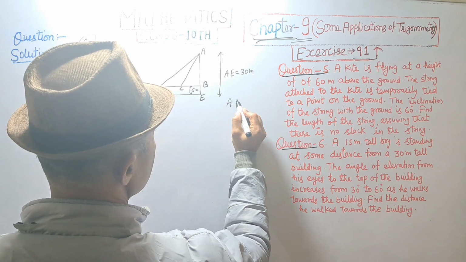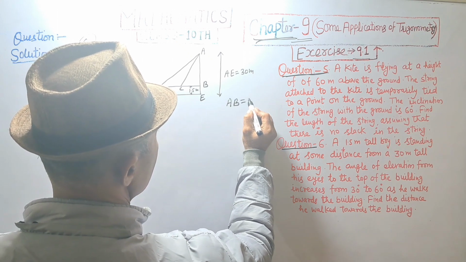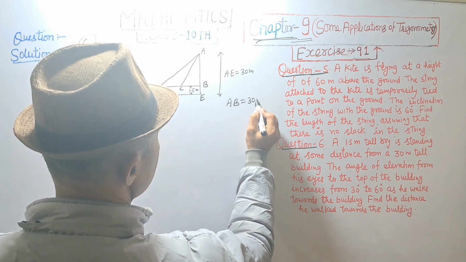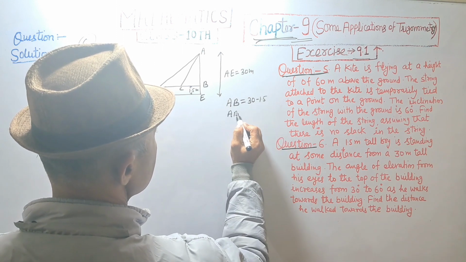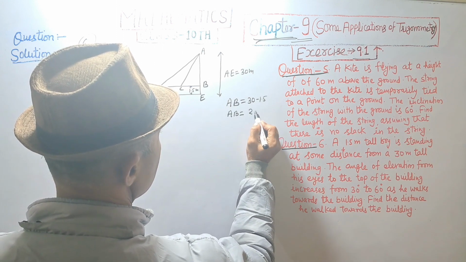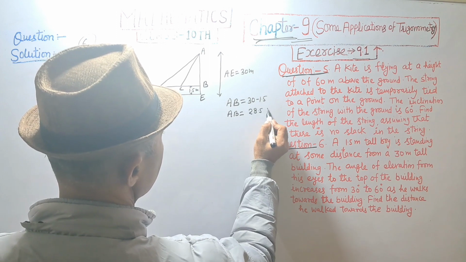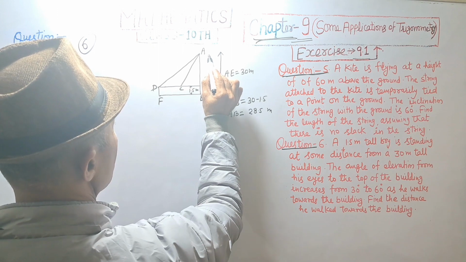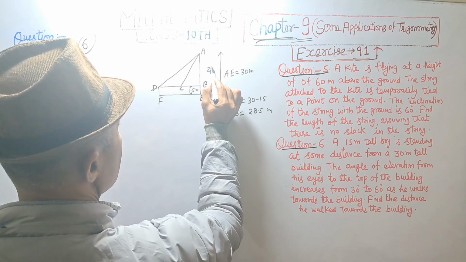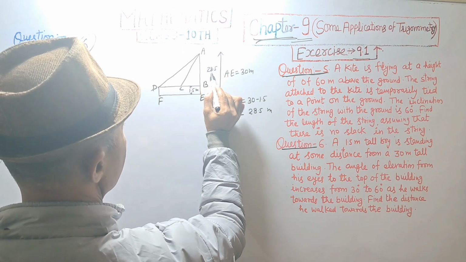So AB is equal to 30 minus 1.5. AB is equal to 28.5 meters.